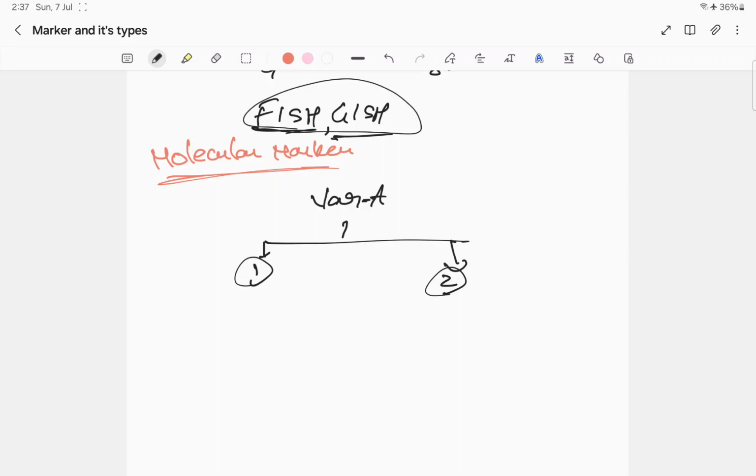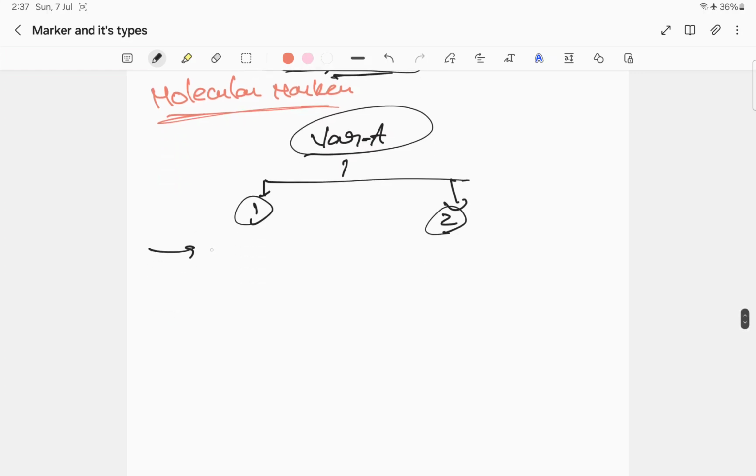If anyone asks you to say the differences between these two plants, you can't say, because they both belong to the same variety, and normally the seeds we get from the same variety are homozygous in nature, like a homogeneous population, so the entire population is the same. You can't even say what the differences among them are, right? In this case, molecular markers are useful.